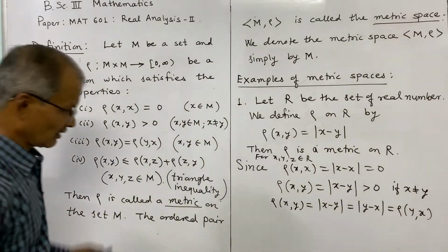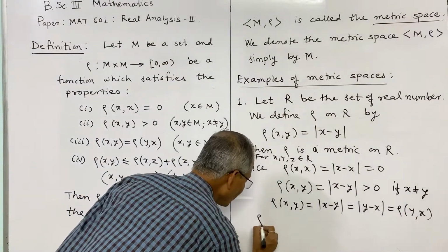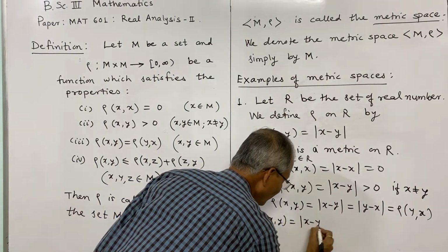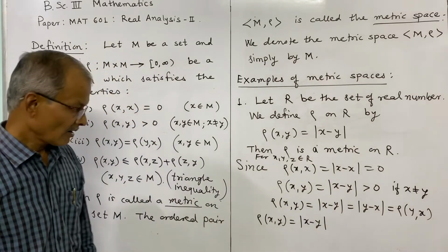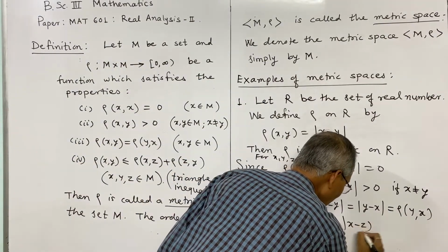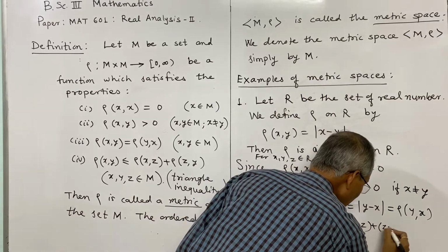And the triangle inequality. Now rho of x and y is equal to the absolute value of x minus y, which can be written as the absolute value of x minus z plus z minus y.